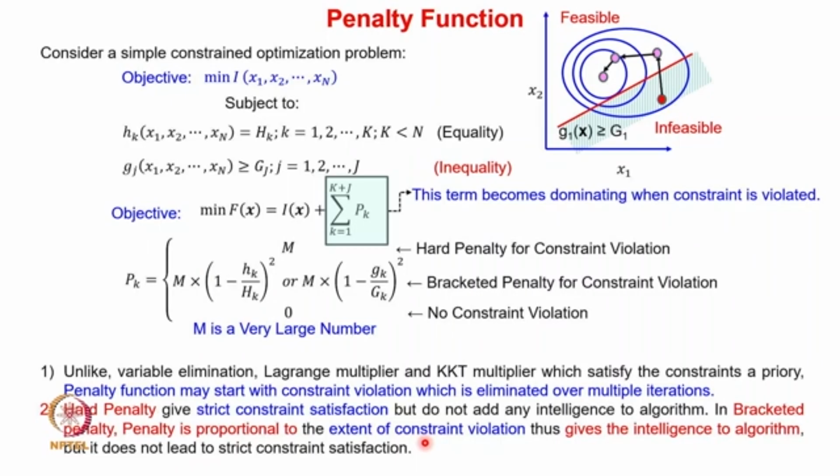In such cases you will see that the value of this penalty becomes the same order as the objective function, and therefore the algorithm is not going to recognize whether the constraint is violated or not.